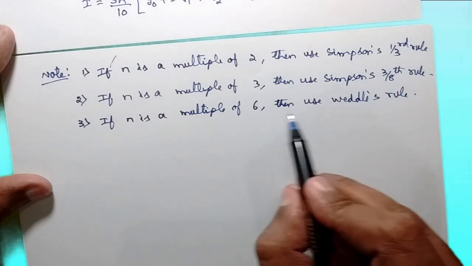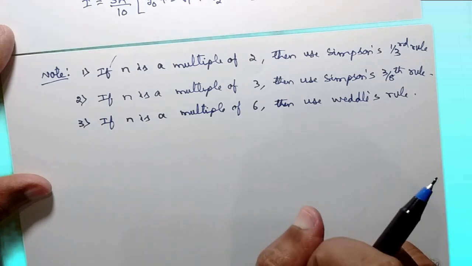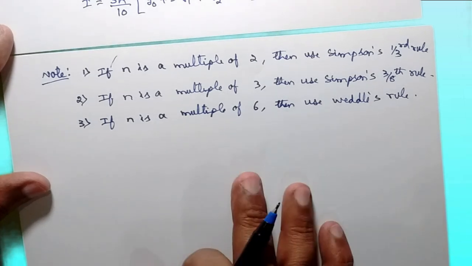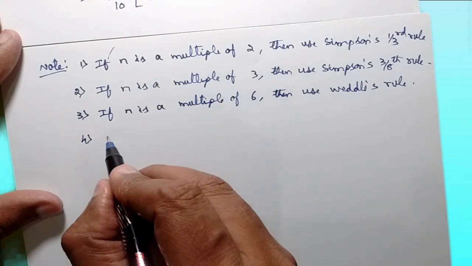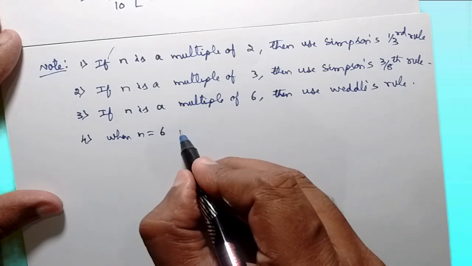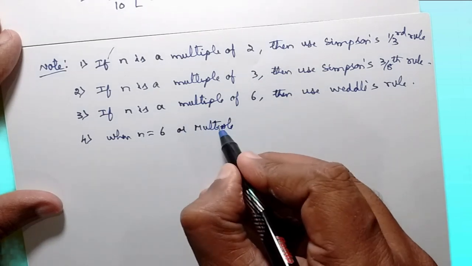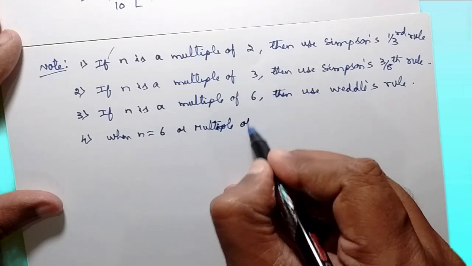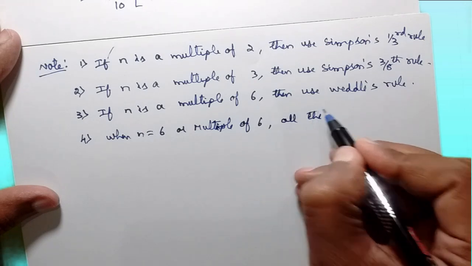Right, when n is a multiple of 6, then you can use Verrall's rule. And even in the case when the value of n is equal to 6 or a multiple of 6, all the 3 rules can be used.